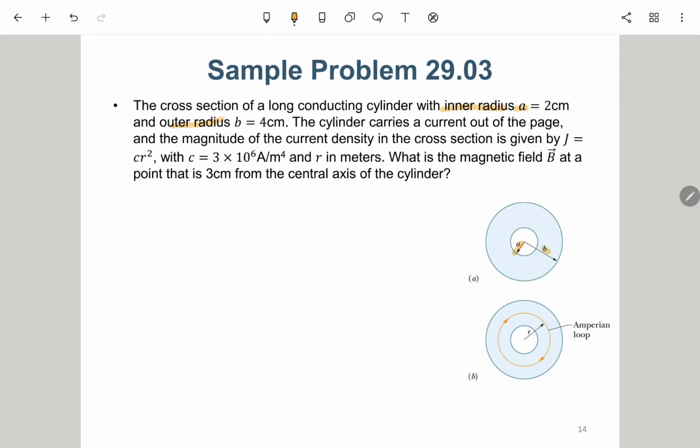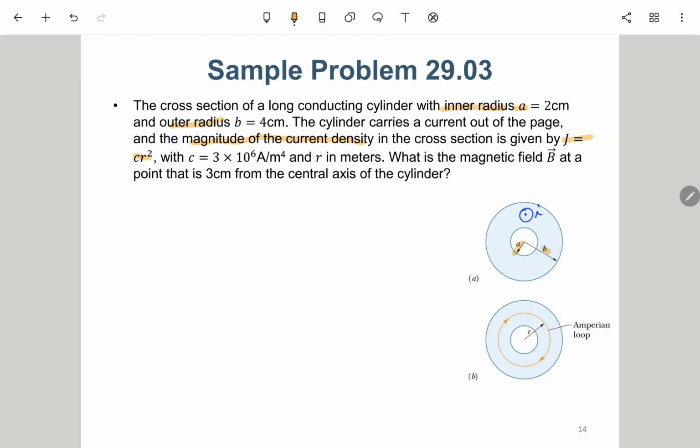The cylinder carries a current out of the page, and the magnitude of the current density in the cross section is given by J equals C r square. So this is not uniform. We have C equals 3 times 10 to the 6 A per meter to the 4th power, and r in meters.